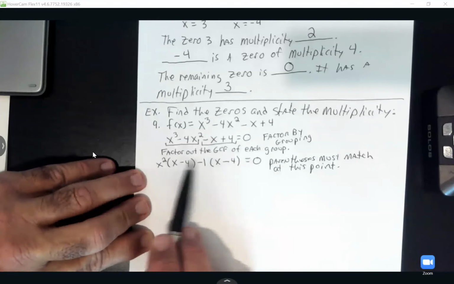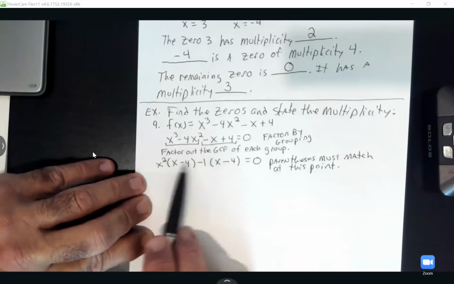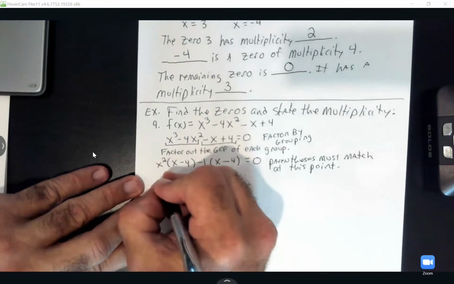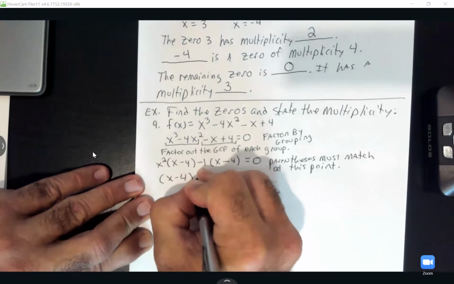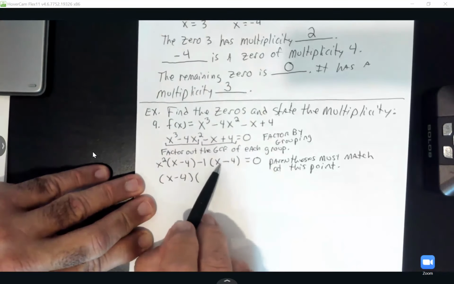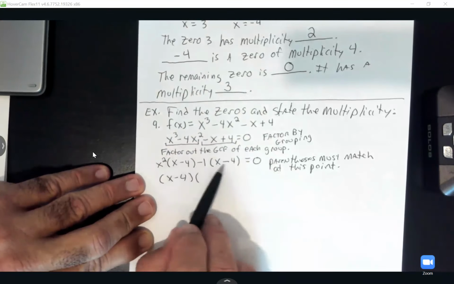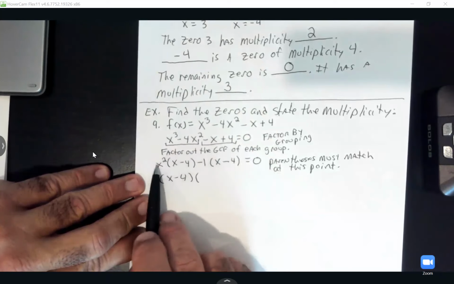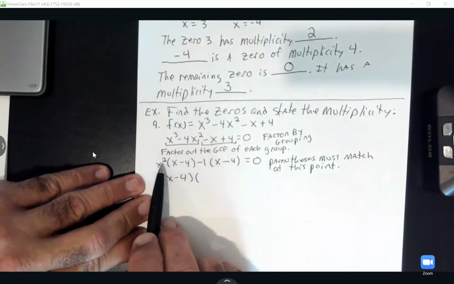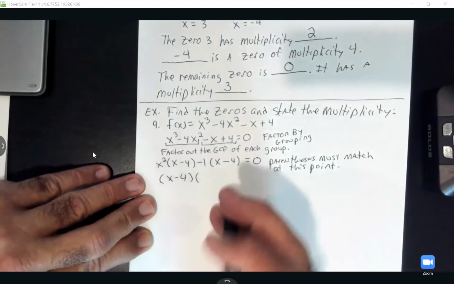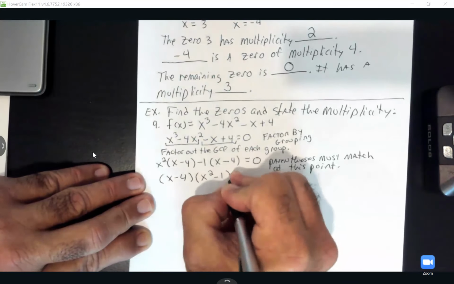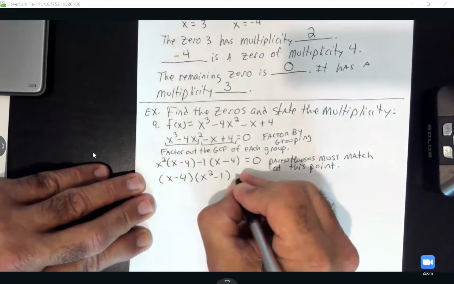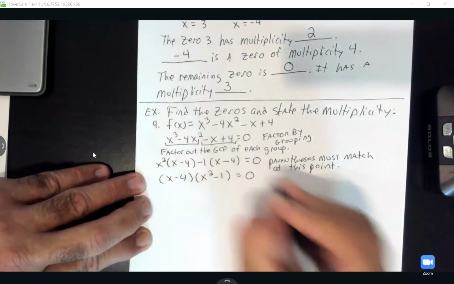Since both of these terms have an x minus 4 in them, we're going to factor out the x minus 4 into the first parentheses. So y'all, if you factored out that x minus 4 from both of these terms, what's left will be the x squared minus 1. So the x squared minus 1 goes into the second parentheses, and all this is equal to 0.